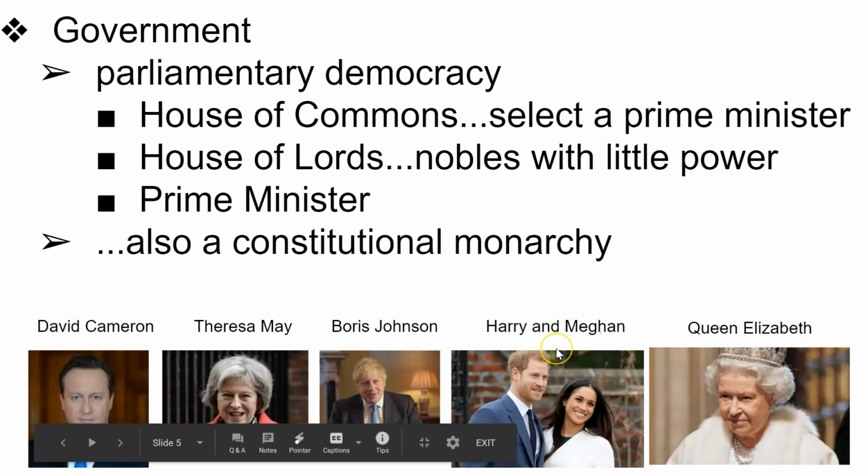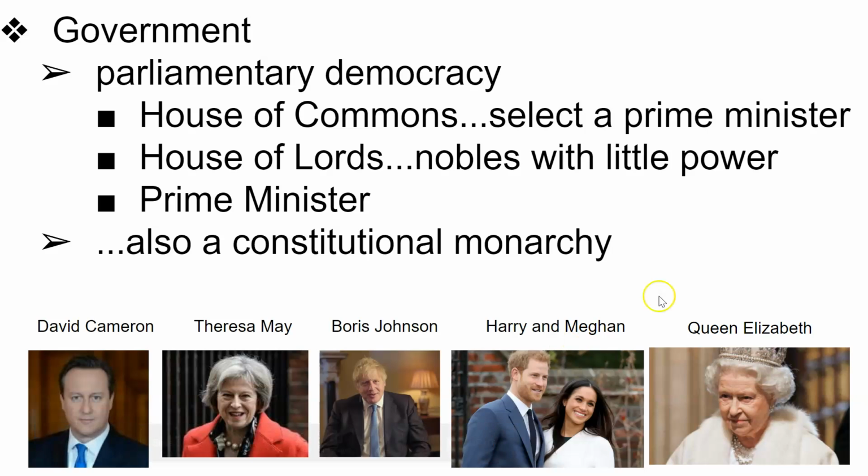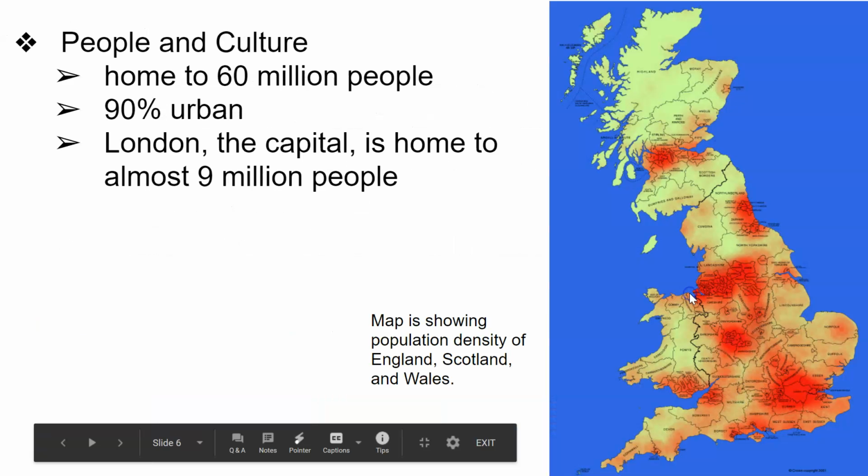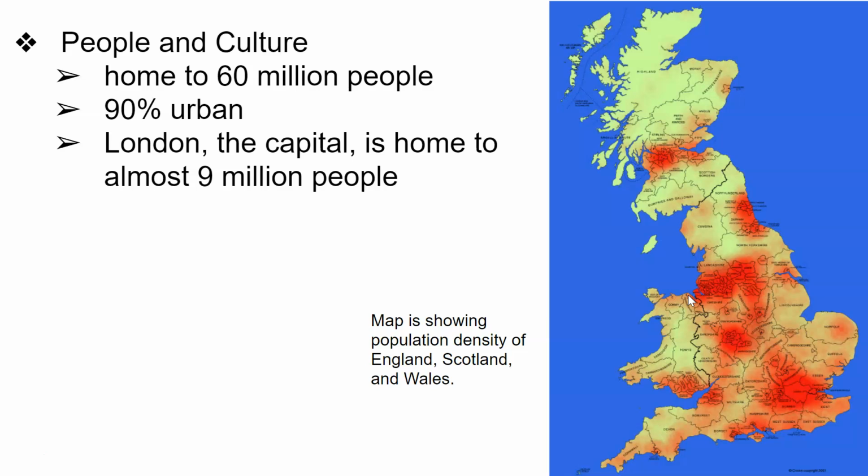And then it should be noted certainly that the monarchy is beginning to change with some of its prominent members leaving the royal life, and that being Harry and Meghan, who I believe now reside in Canada. So looking at the people and the culture, the UK is home to about 60 million people, and it's a very urban population.